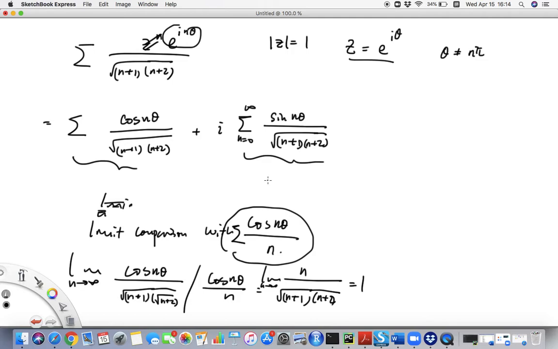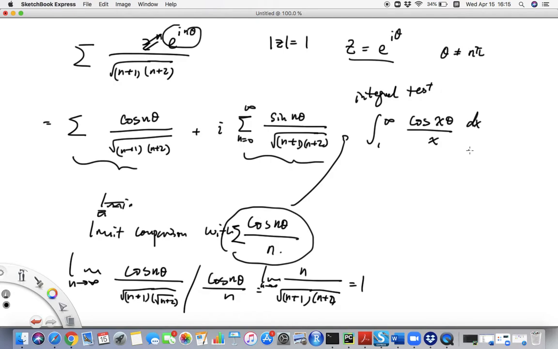So what do we do? Well, we can use the integral test. You look at this integral from 1 to infinity of cosine x theta over x dx.